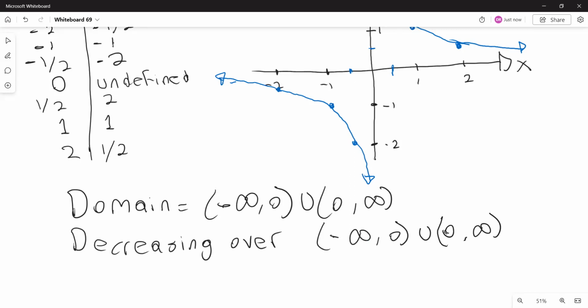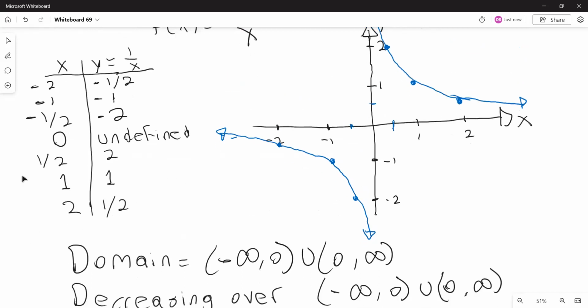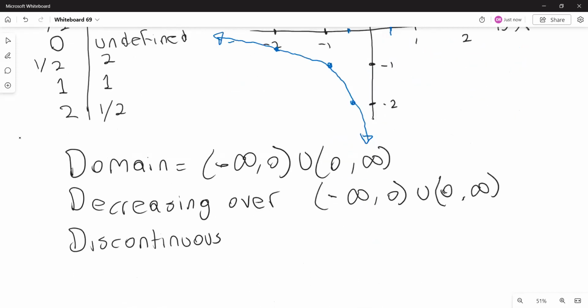It is discontinuous. Okay, so at 0, the graph is going to break. It's going to approach negative infinity, then at 0 it is undefined, and then jumps to approaching infinity as x approaches 0 from the right. So this is discontinuous at x equals 0.